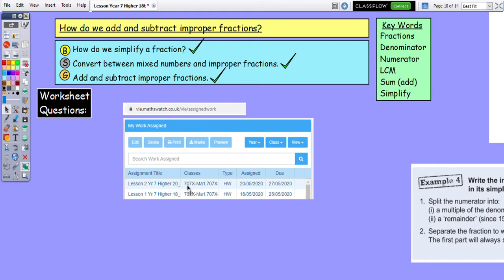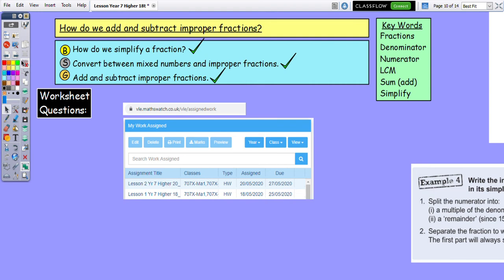Now this one here for Wednesday, that's a bit of a tough question. That's a really tough question actually, so don't worry too much if you can't do it. If you do want any help or hints, just email me and I'll put some hints up for next week. But there are literally only 3 questions here for you to do, which is good.